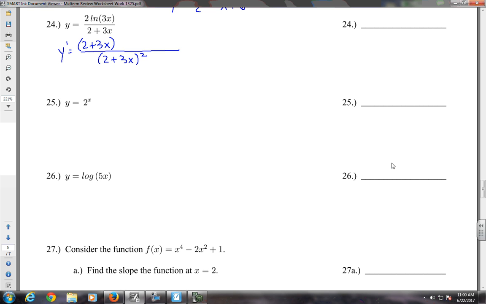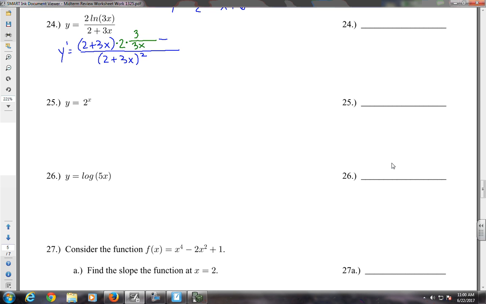So the derivative of 2 times natural log of 3x is constant coefficient 2 times the derivative of natural log of 3x. Well, we're going to put the argument of the logarithm in the denominator and the derivative of that argument in the numerator. Continuing with our quotient rule, remembering that the quotient rule requires a minus, we're ready now to differentiate the denominator.